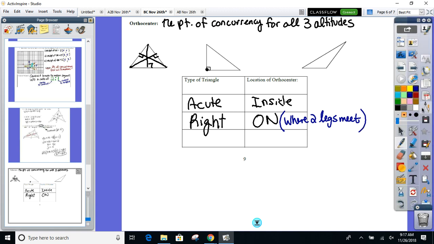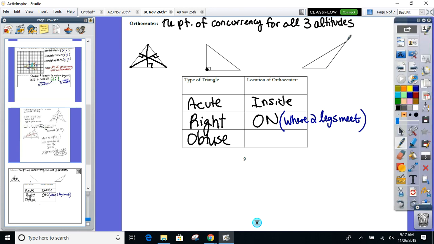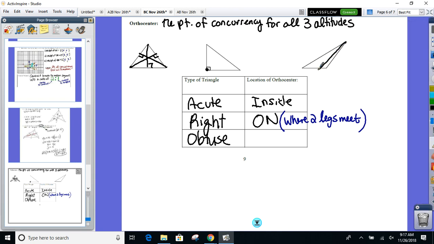And then we've come to our final one, which is an obtuse triangle. Here's the problem. An altitude starts at a vertex and is perpendicular to the opposite side. Is that going to be perpendicular? Nope. Let me try another line. Is that perpendicular? That's not going to form a right angle.